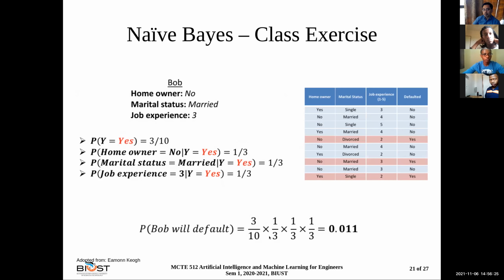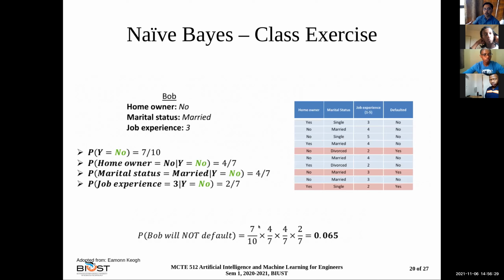When you're doing naive Bayes, we always compute all the possibilities and compare which probability is higher and which is smaller. We always take the one with the higher probability as the one that will most likely happen.